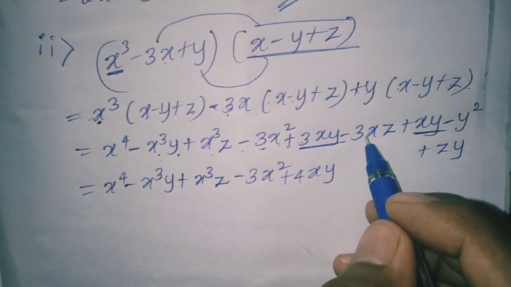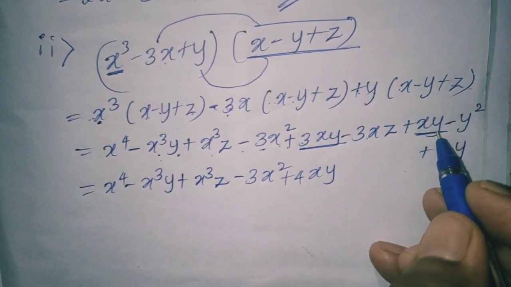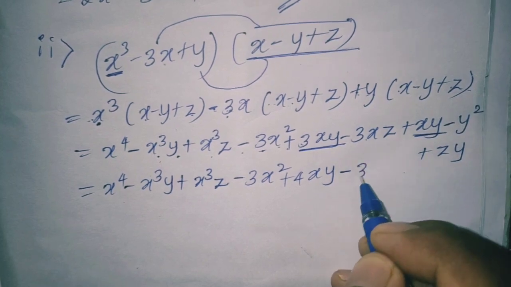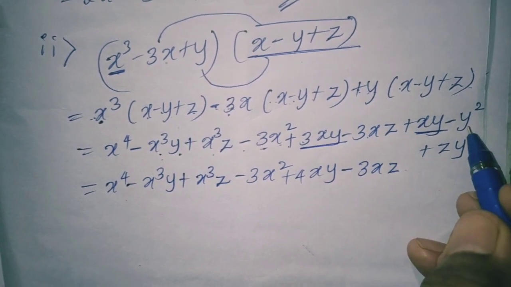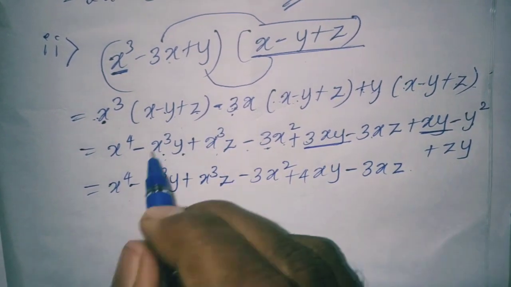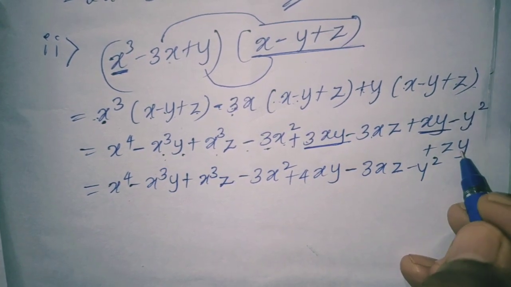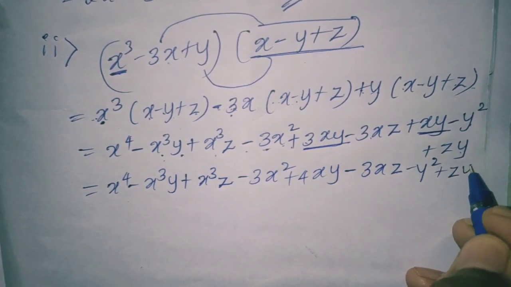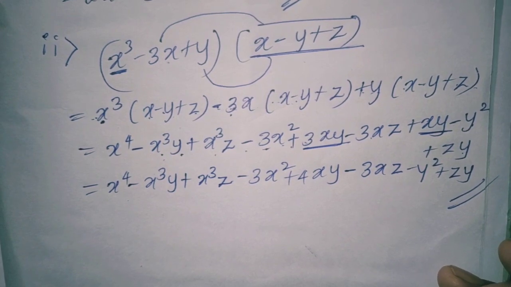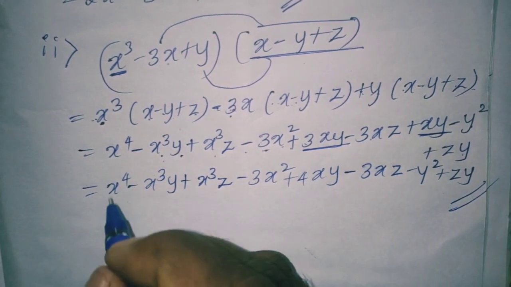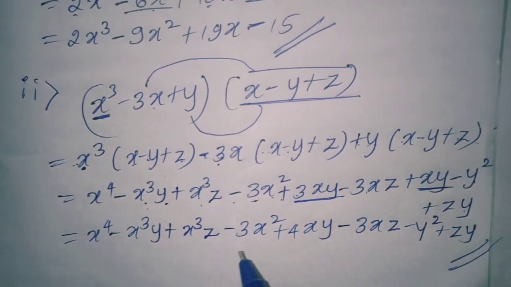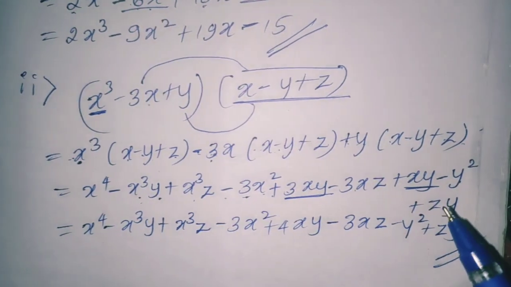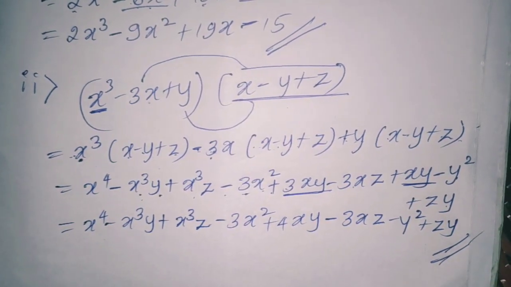Here xz is there. Is there any other xz? No. Keep this as it is, minus 3xz. Then here minus y square, no, keep this as it is. Then zy, keep this as it is. Once again just see the like terms. If there are any like terms, then add or subtract them, or else this is the final answer.